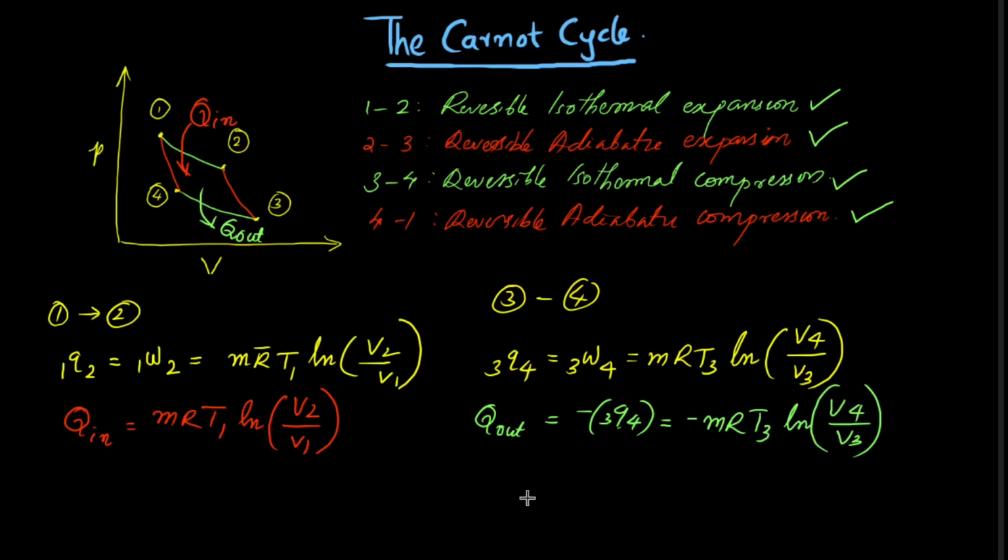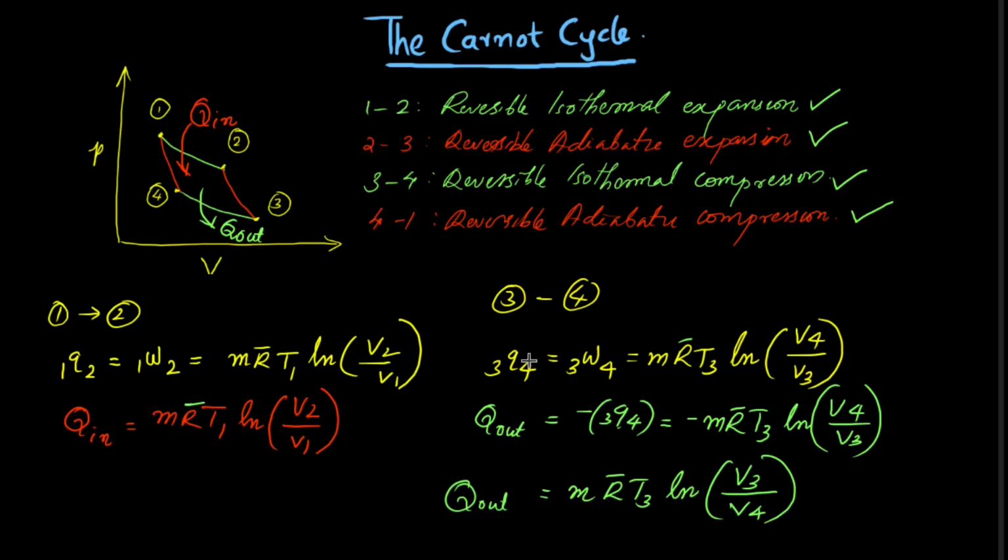We can write Q out as, if we take the negative sign inside the log, m R bar T3 log V3 divided by V4. So, this is the heat transferred to the system and this is the heat rejected by the system.